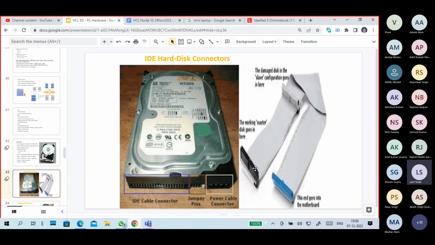If you see, this black one goes to the hard disk, this blue one goes to the motherboard, but there is a white one also. If we put one hard disk here, a second hard disk we can put here, or one hard disk and one CD-ROM, like that also. These two are used to connect your disk drives, either a CD-ROM or a hard disk, but this one goes to your motherboard.